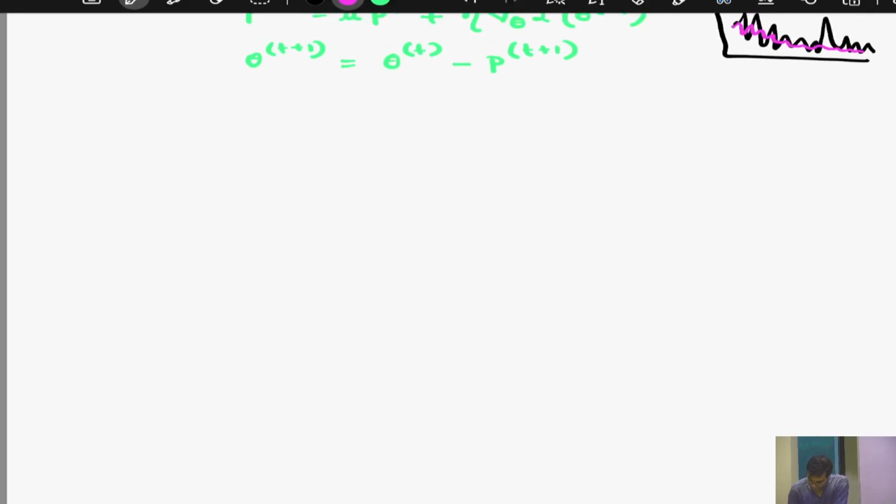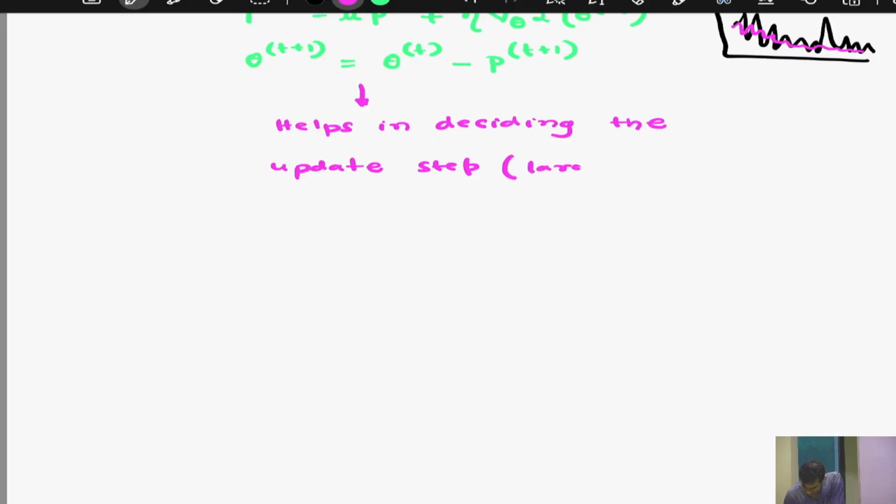So this helps in deciding the update step, I mean larger update versus smaller update.